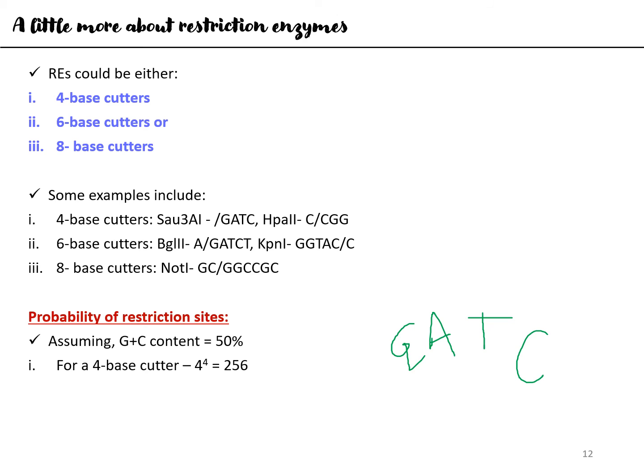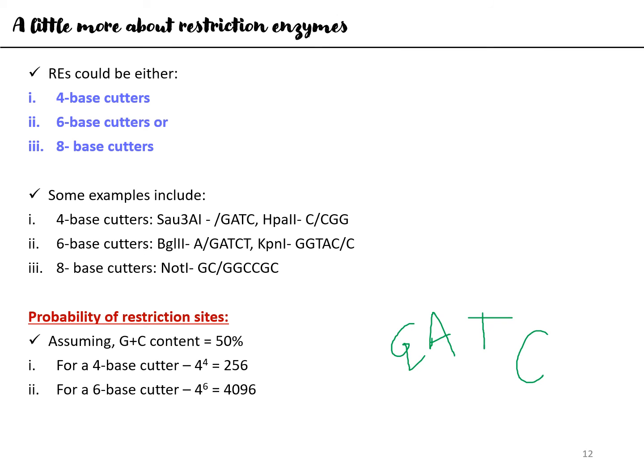Same for T and C. So what you would have is 1 by 4 multiplied 4 times. That gives you this probability of 4 to the power 4. The probability of this existing would be 1 in 256, or the other way around, it can be every 256 base pairs. I hope that's clear. In case you have any queries, do leave it in the comment section and I will try to clarify it.